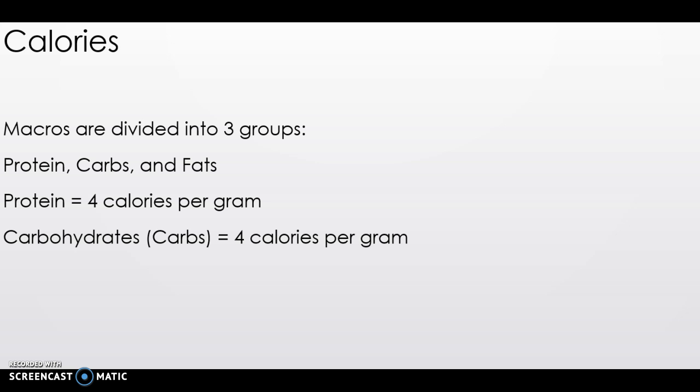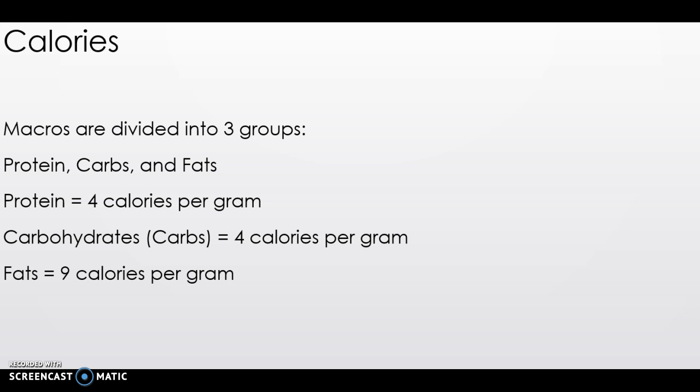Right, 4 calories per gram. Carbohydrates are sometimes shortened to carbs. Protein and carbs both have 4 calories per gram. The other one is fats. Does anybody know how many calories per gram are in fats? Yes, 9 calories per gram.